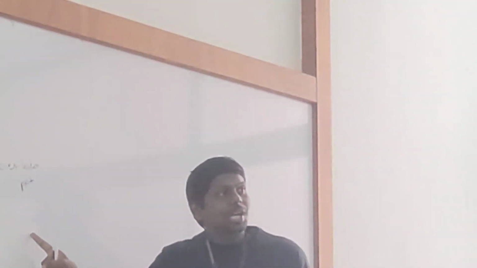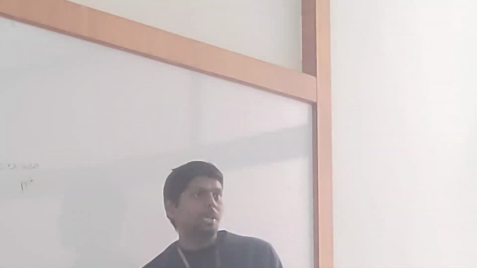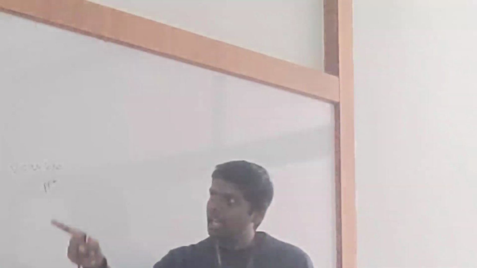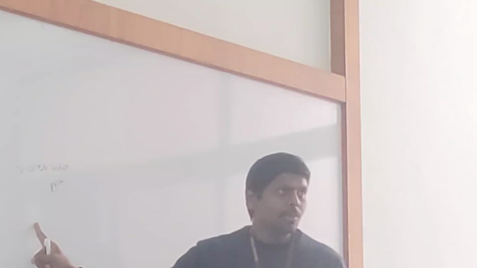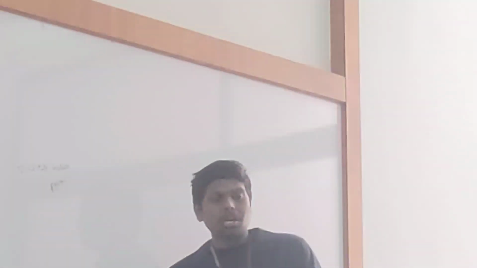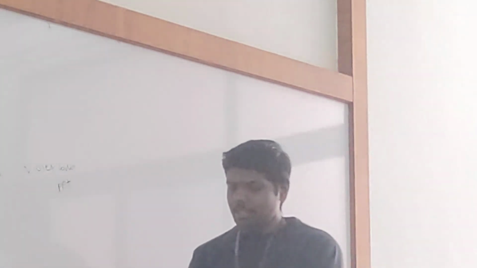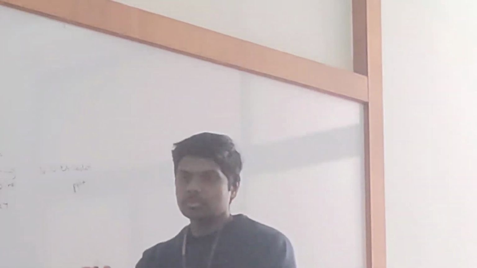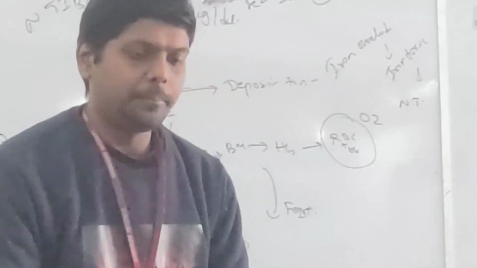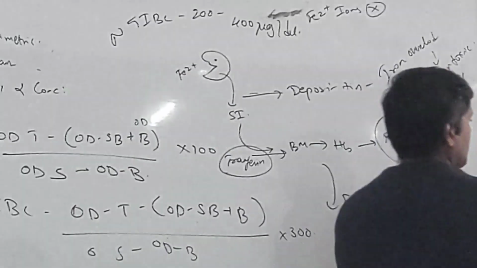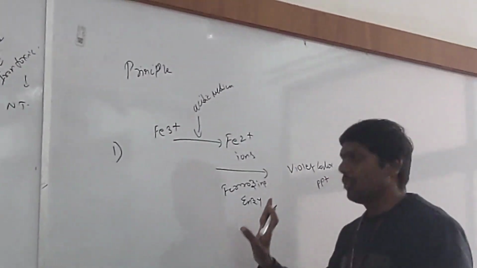Now we need to check the total iron binding capacity of the body. That is the aim of the test, right? So first we got the value of the iron, then we go to the next step where we incubate this sample. Step 1 is identification of iron.